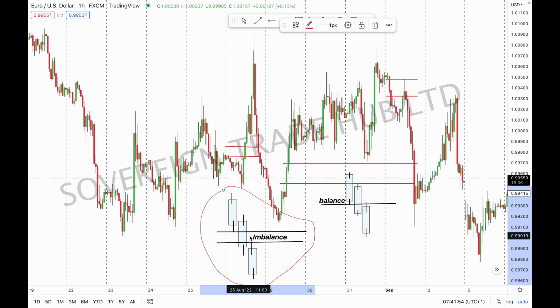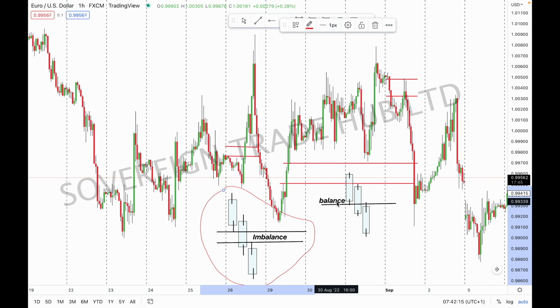So let's quickly look at a balanced or an efficient market movement. Now watch this candle here. You see the wick. Now watch the next candle. Now you see the wick. Now watch the third one. This first one and the third one, their wicks are able to touch.